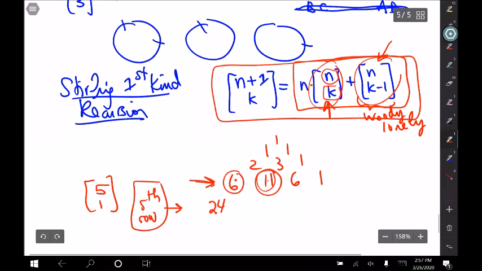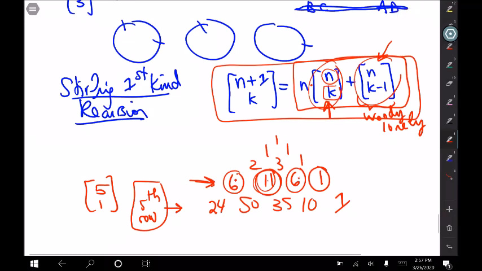Do you guys see that? That is 50. Then for this one, it would be 4 times 6, which is 24, plus 11. 24 plus 11 is 35. And finally, 4 times 1, which is 4, plus 6, that's 10. And finally, the last entry in the row is always a 1.